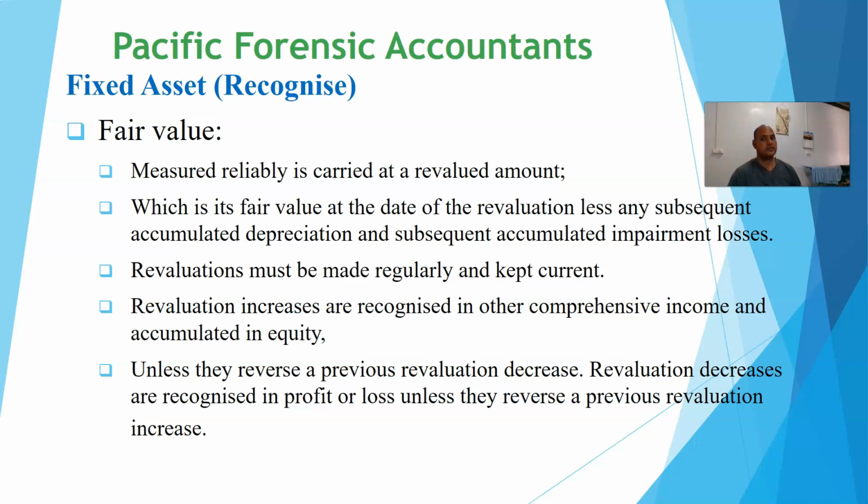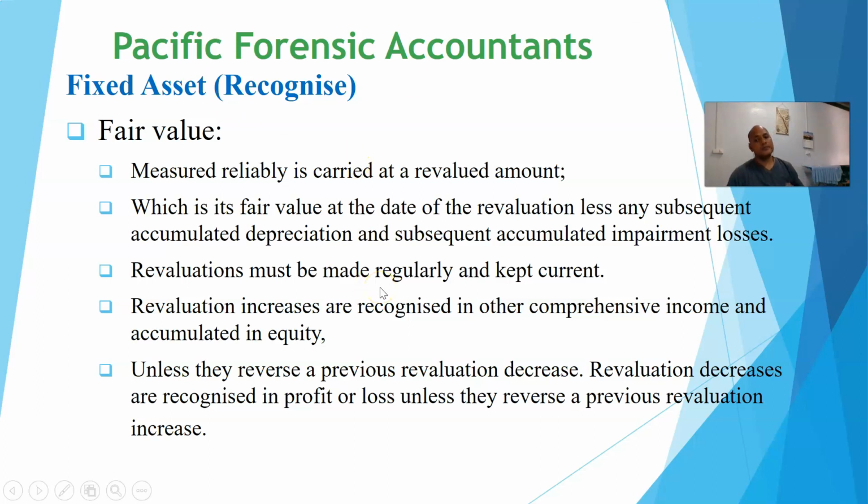So if we use the revaluation model, every year on an annual basis, we need to disclose or recognize our asset at a fair value amount. The fair value has to be revalued every year, and it has to contain at least the date of revaluation, and that revaluation must be minus any subsequent accumulated depreciation as well as accumulated impairment losses.